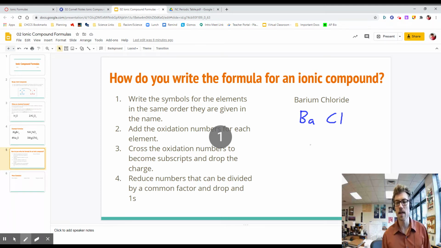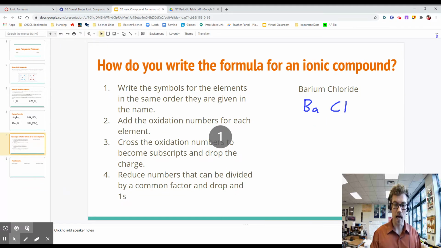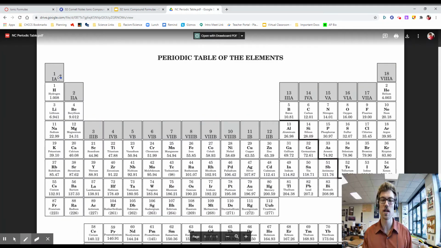Now, we're not done yet because we need to determine whether or not we need to add any subscripts. We're not going to be adding any coefficients here, but we do need to figure out if we're adding any subscripts. So let's figure that out. It says we need to add the oxidation numbers for each of them. So we need to go back to our periodic table and see what the oxidation numbers are. Remember, those oxidation numbers are the charges that the elements in the A groups have when they become stable.